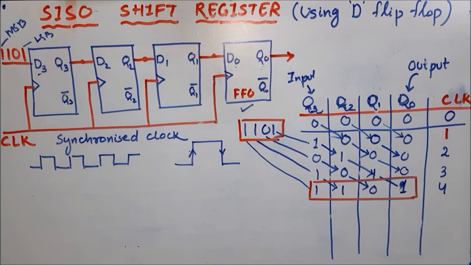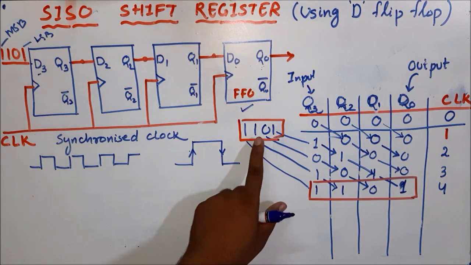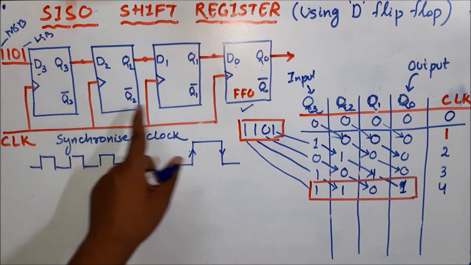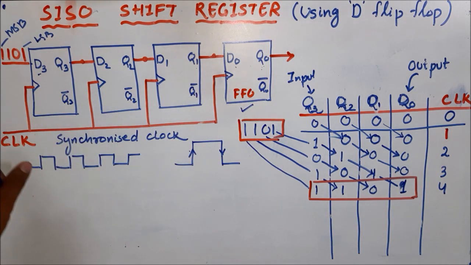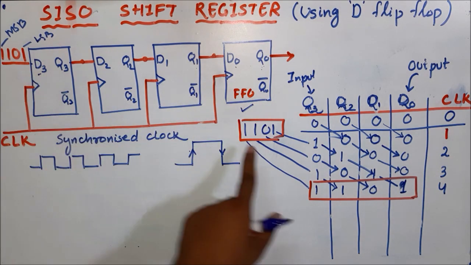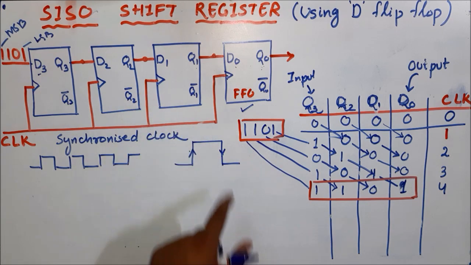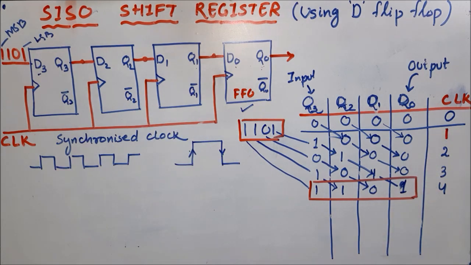That means all my 4-bit data are stored in individual registers. That means to store 4 bits, I need 4 clock pulses. Yes or no? So now my data is stored.